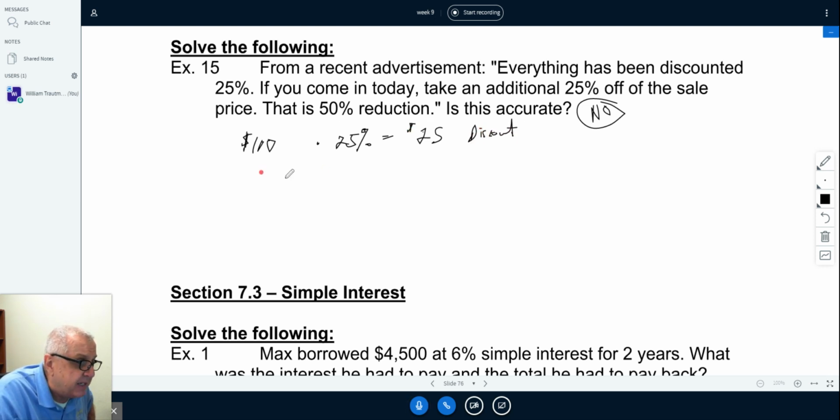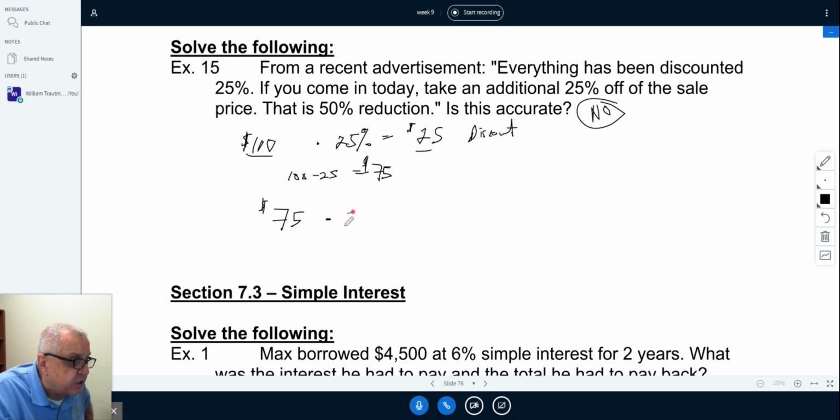So my new price is 100 minus the 25, which equals 75. So now we already marked it down 25%. The item costs $75. We're going to take another 25% off.